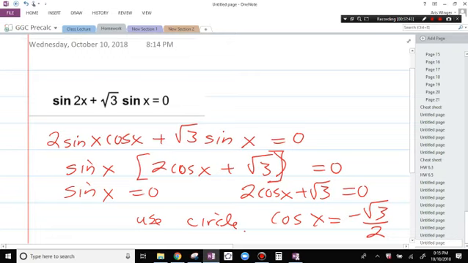You do 19 of these problems where you have to go back to the circle over and over and over again. Then you're going to have these things memorized, right? So use the identity. This is the double angle identity. Factor, set equal to 0 and solve.